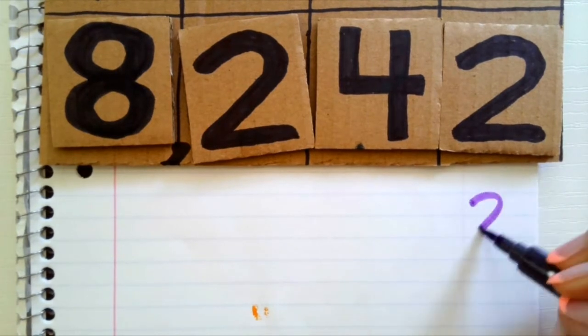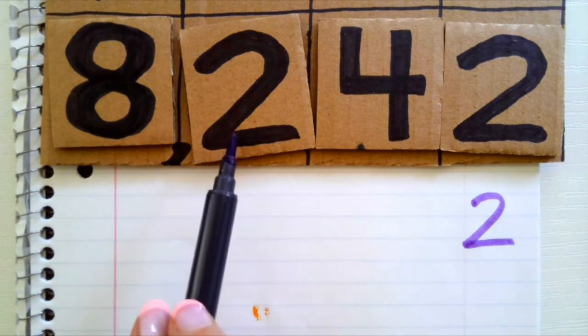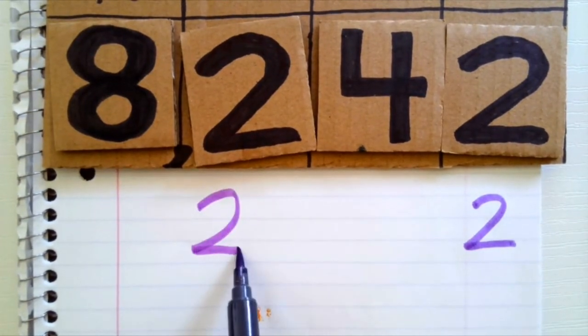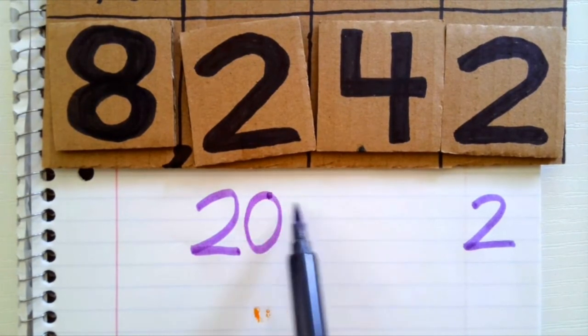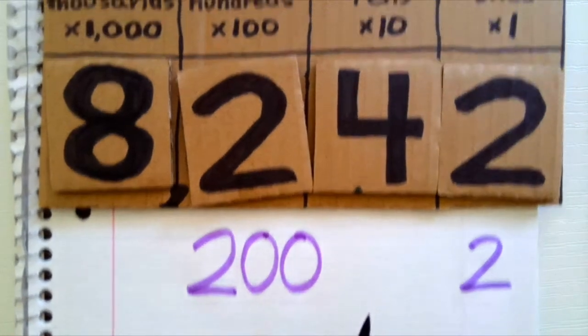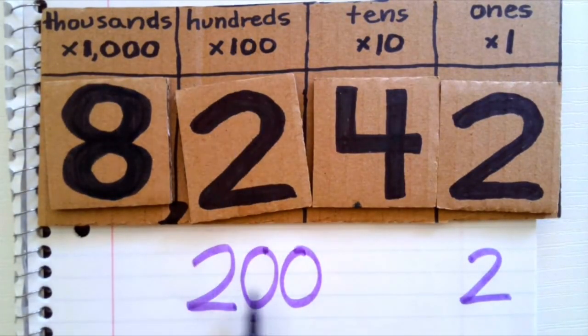That's right. It's 2. But what about this 2? Right? It's 200. It is in the hundreds place. 2 hundreds is 200.